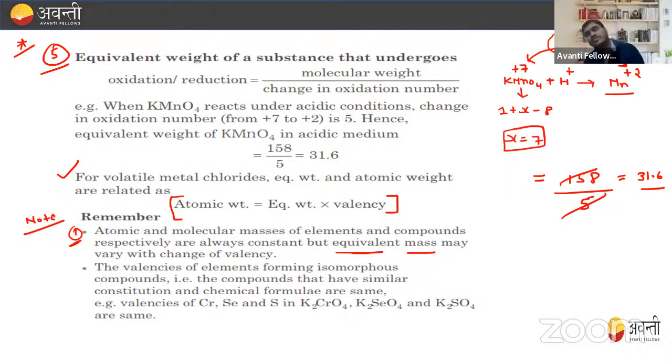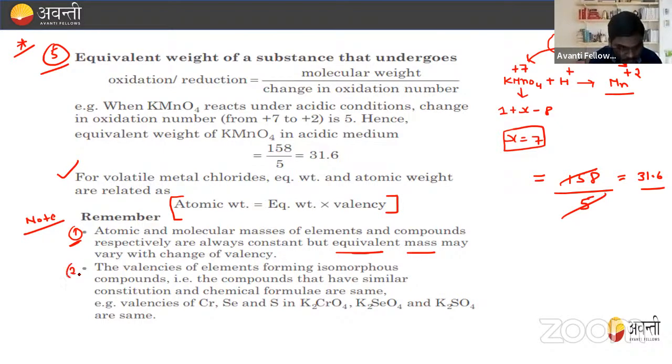For example, in this case, the oxidation state of Mn changed from +7 to +2. Now, in some cases, the oxidation state of Mn changes from +7 to +5. Now the change is only 2, so it comes out to be 158 divided by 2, which is more. So equivalent mass always varies with the change in valency. This one is very important, so understand this thing better.